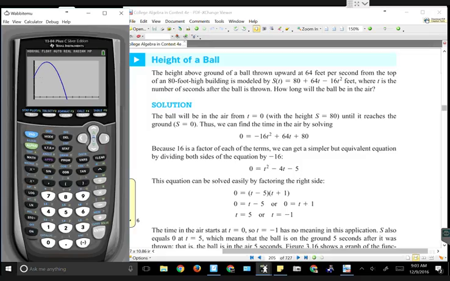Now, they want to know how long the ball was in the air. You got to remember, this graph is a representation of the height of the ball based upon time. This is not the path that the ball takes.